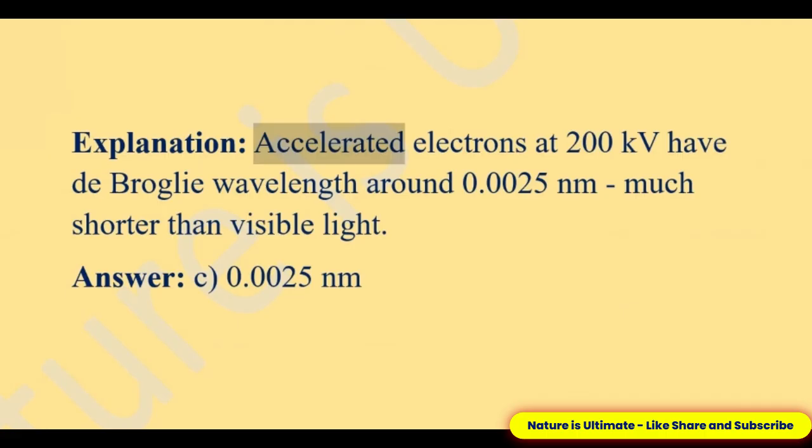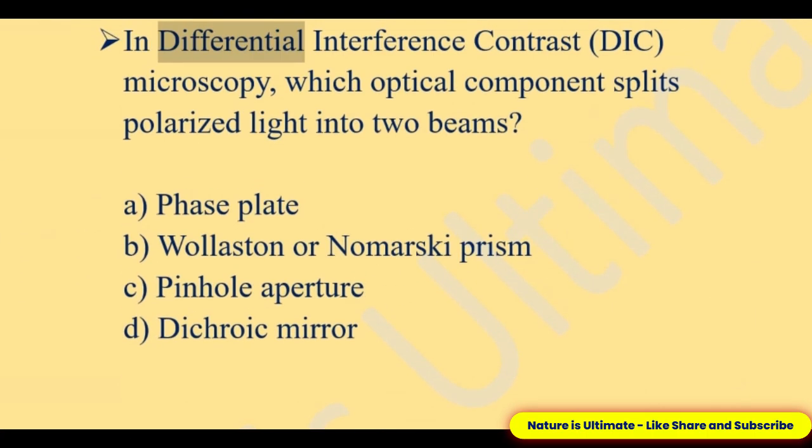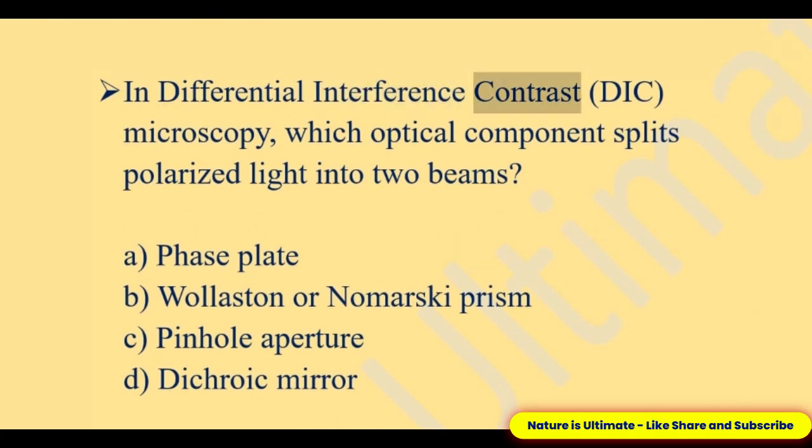Explanation: accelerated electrons at 200 kV have a de Broglie wavelength around 0.0025 nanometers, much shorter than visible light. Answer: C. 0.0025 nanometers.